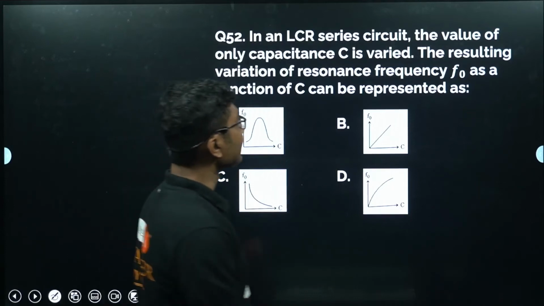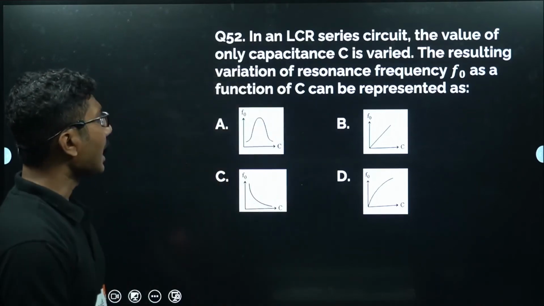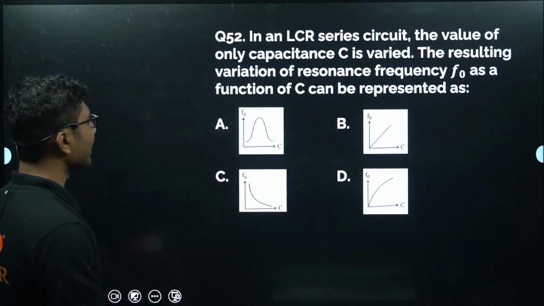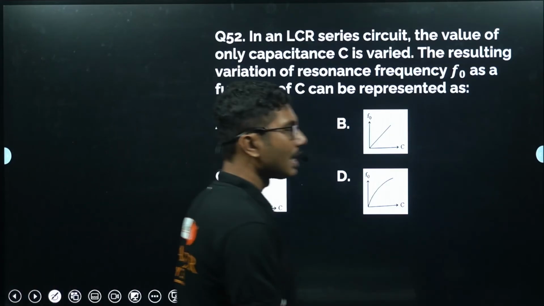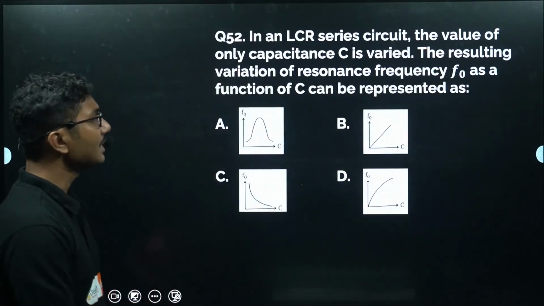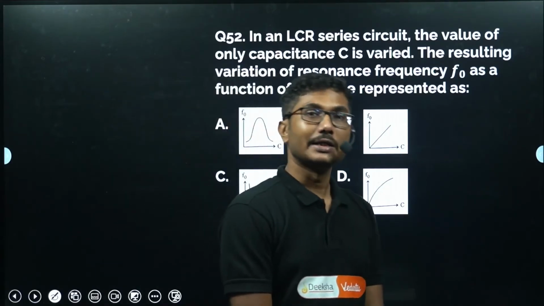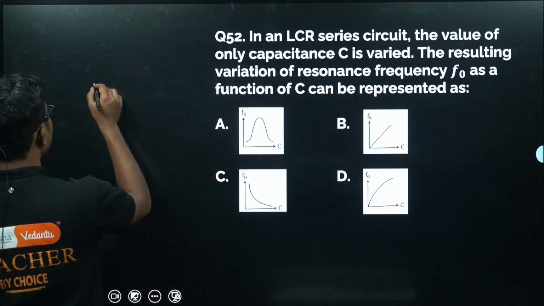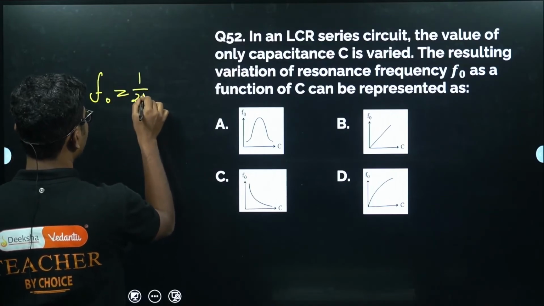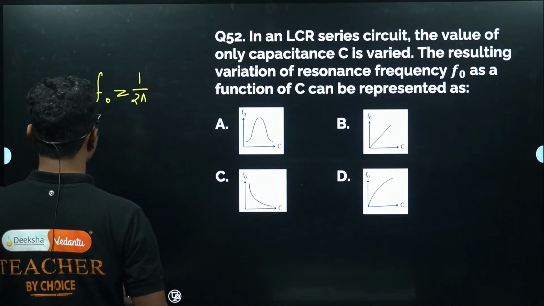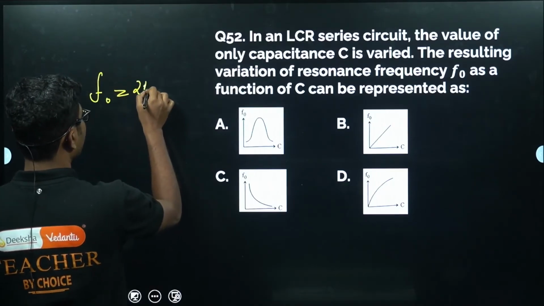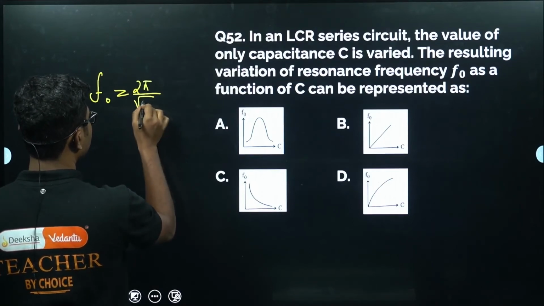Now in an LCR series circuit, the value of only capacitance C is varied. The resulting variation of resonance frequency f naught as a function of C can be represented as. Many students complain this is also out of syllabus. This is not out of syllabus because resonance frequency is still included in your syllabus, and resonant frequency is given by 1 by 2 pi square root of LC.